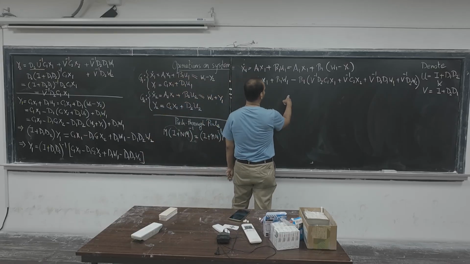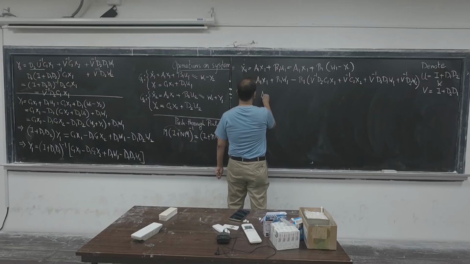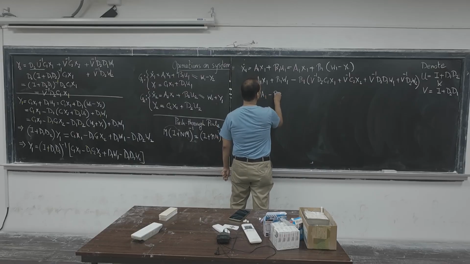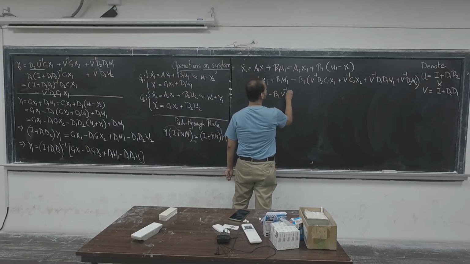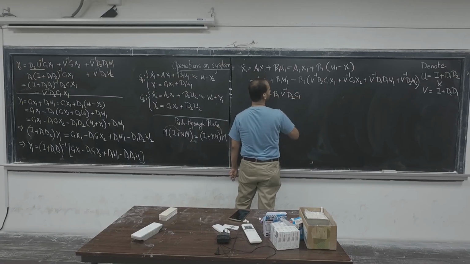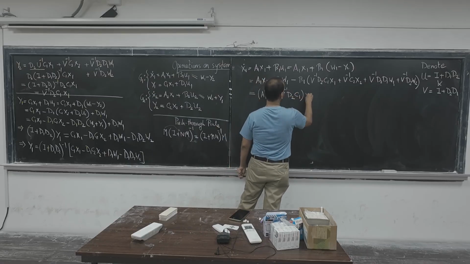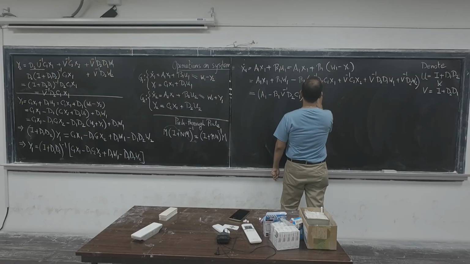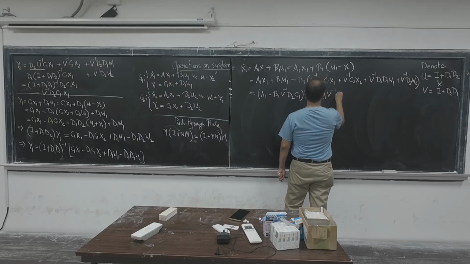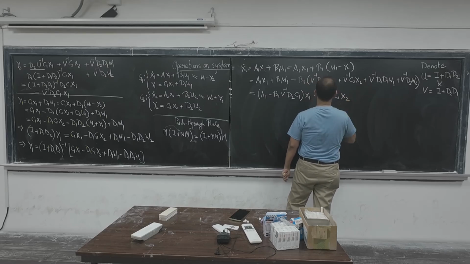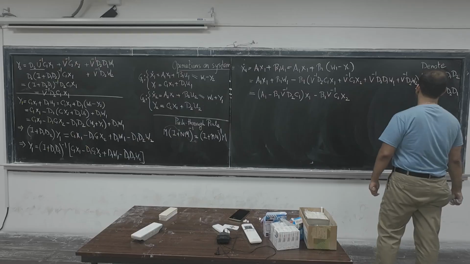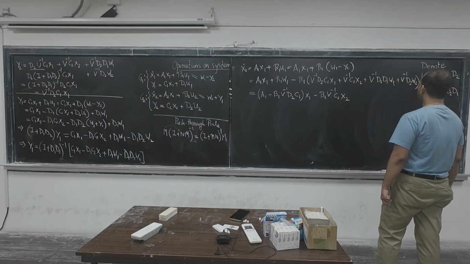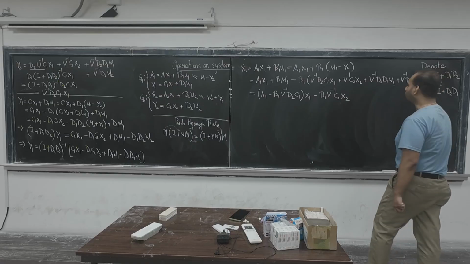So it is going to be a1 minus b1 v inverse d2 c1, whole thing times x1. Fine. And then you have an x2 term, that is b1 v inverse c2 x2. Then we can see we have two w1 terms, which means some further simplification is going to be possible.